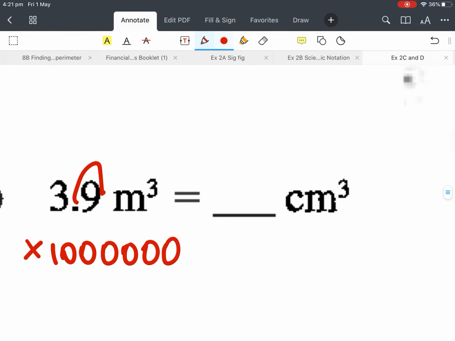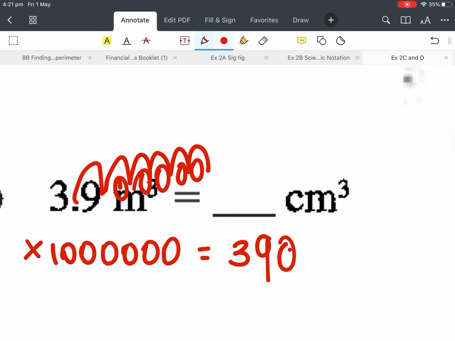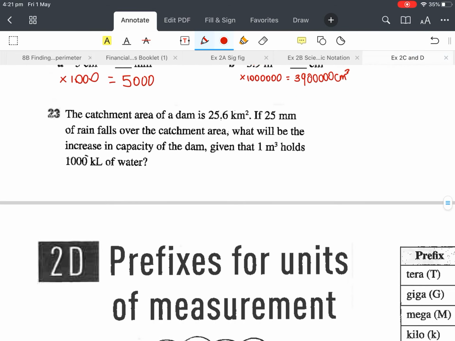That means I've got 1, 2, 3, 4, 5, 6 jumps in total. So after the 3 and the 9, I have to put 5 zeros. Okay, so there you go. There's my answer.